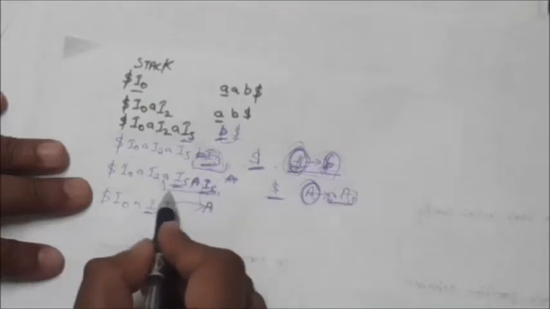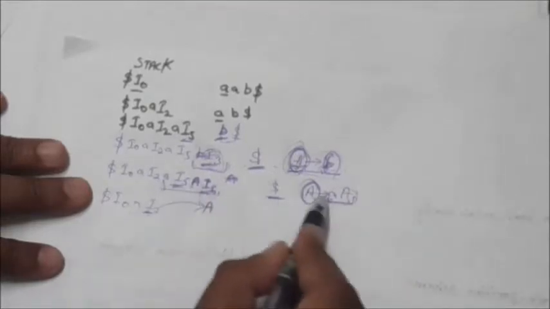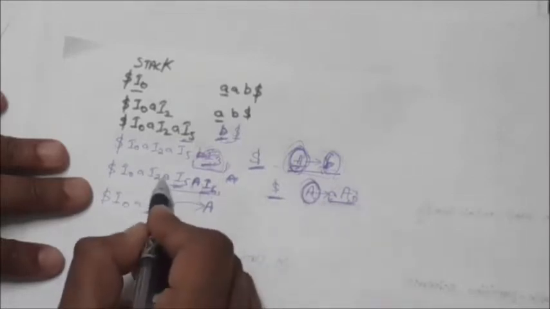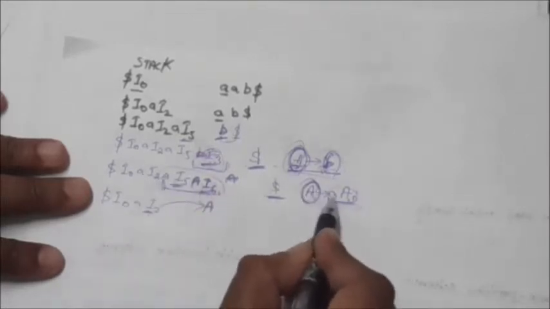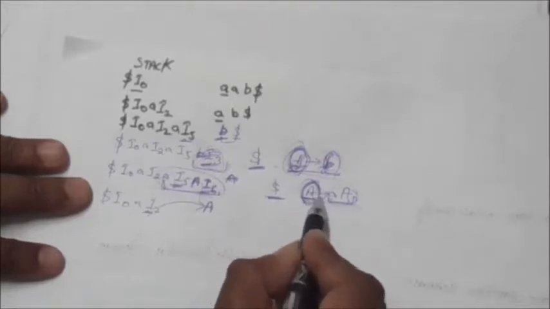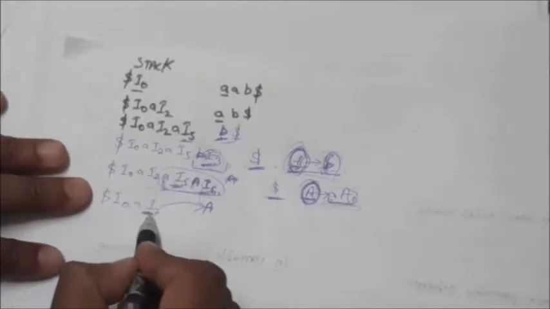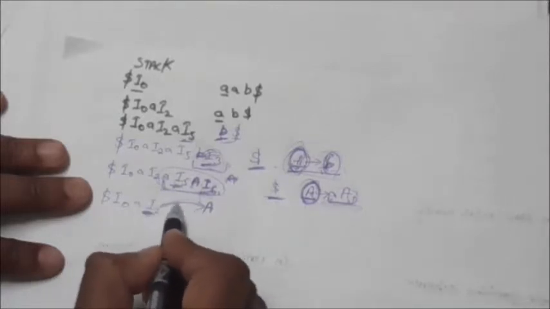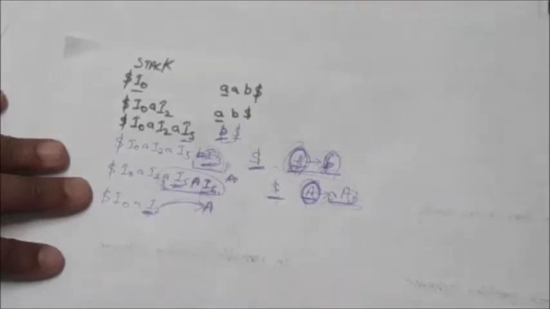See here what we have done in this move, how we have done this reduction by this production rule. First we have popped these 4 symbols, and what is at the left side of this production rule is non-terminal A. So at the top of stack we have the state I2, so we will see the response of I2 for this non-terminal symbol A.